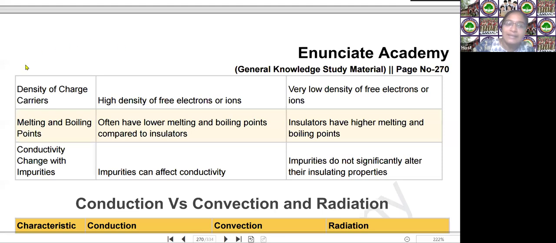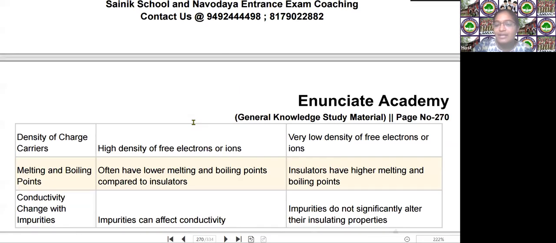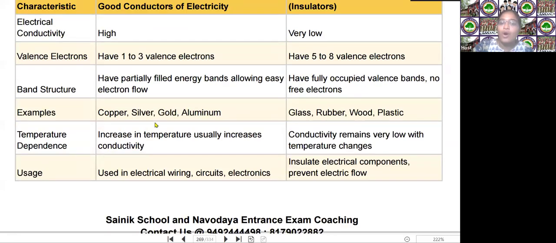Okay, and another quality is melting and boiling point. If you see the melting point of conductors, they often have a lower melting point and lower boiling point compared to the insulators. Okay, these means iron, copper, gold, aluminium, nickel.